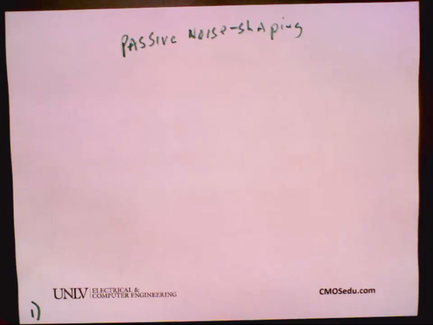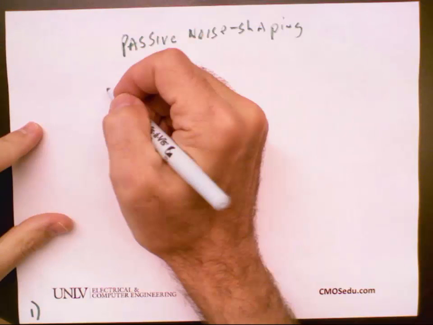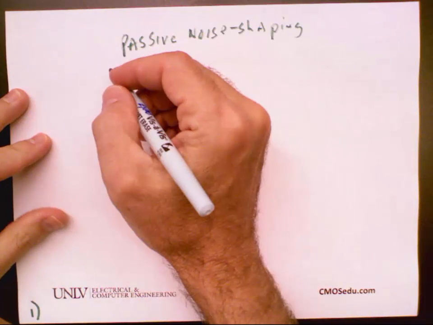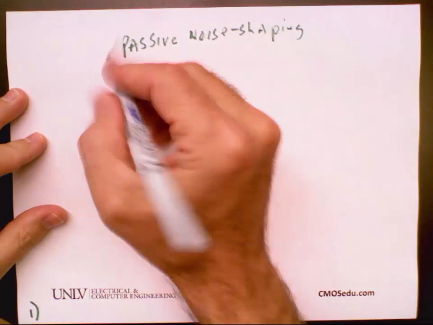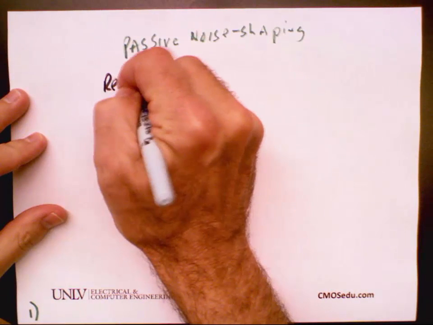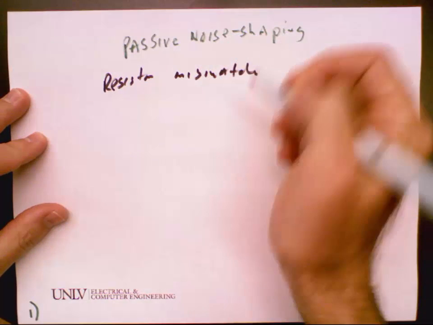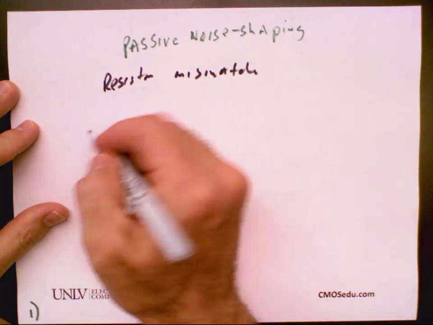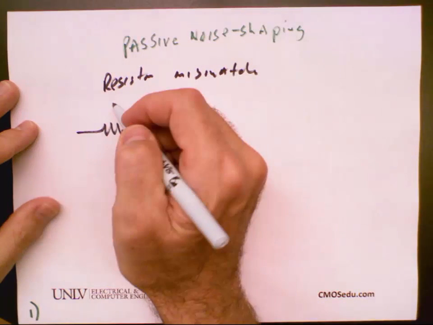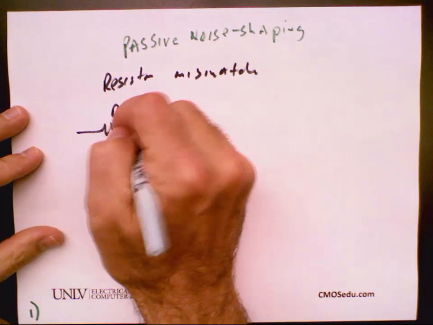So with a passive modulator, let's first look at resistor matching. So resistor mismatch. Some of this is going to be pretty straightforward. So you have 2 resistors coming in here, what I use in the book, RI and RF.